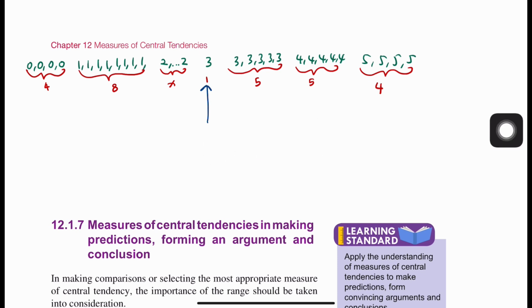So apa kita buat? Kita ambil je 4 plus 8 plus x belah kiri for the left side is equals to the right side. So the right side we have 5 plus 5 plus 4. Okay, so we have 12 plus x is equals to 14. X equals to 14 minus 12 equals to 2.